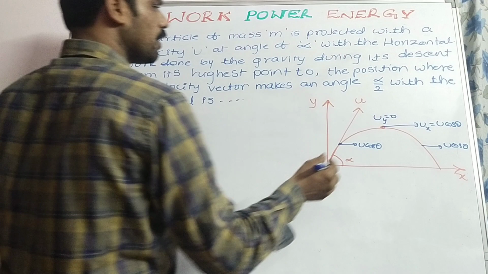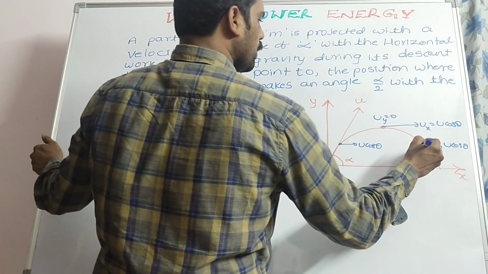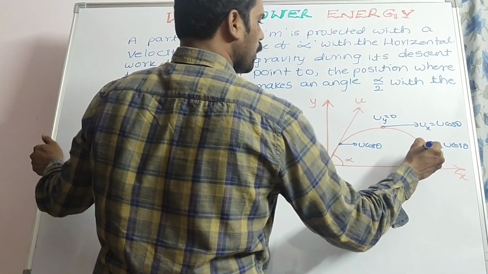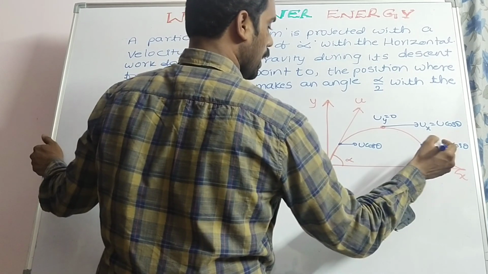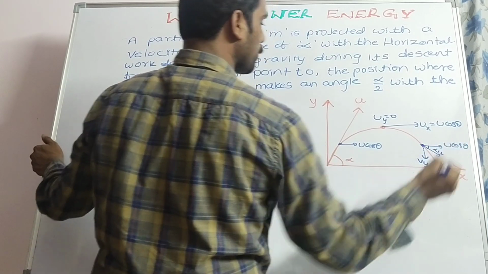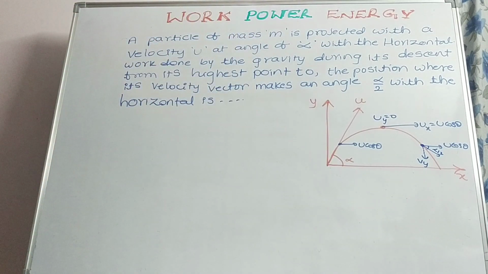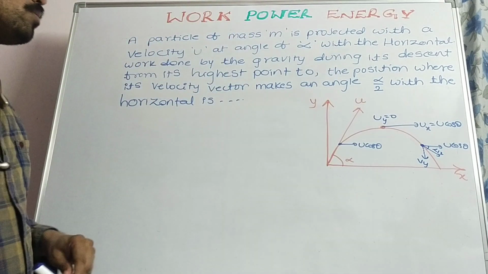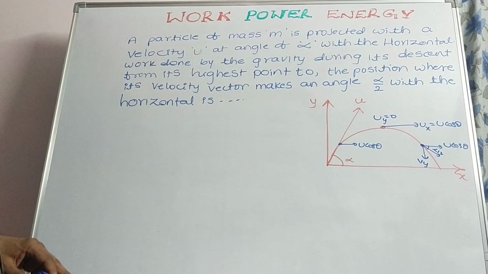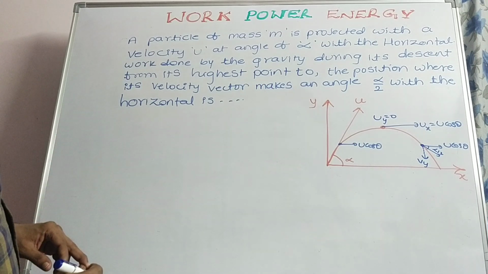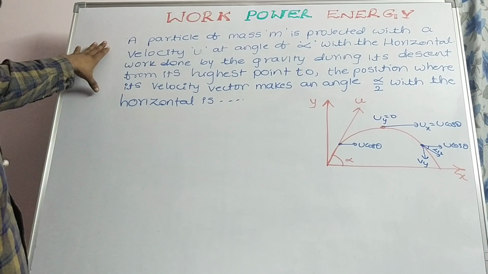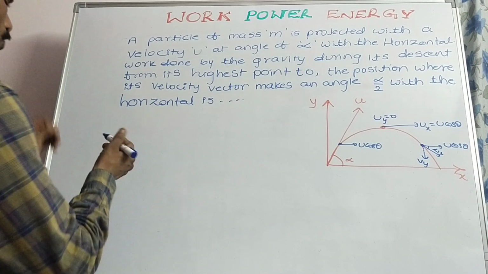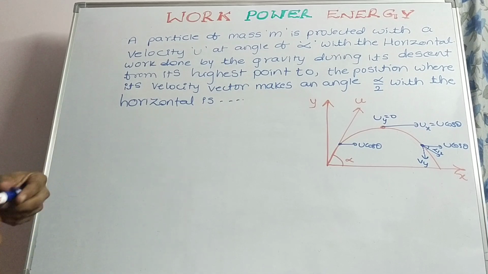Let us consider a point where the velocity makes an angle alpha by 2. There we have to find the velocity. We have to find the position where the velocity vector is inclined at alpha by 2 to the horizontal. So here we have to find the work done by the gravity.